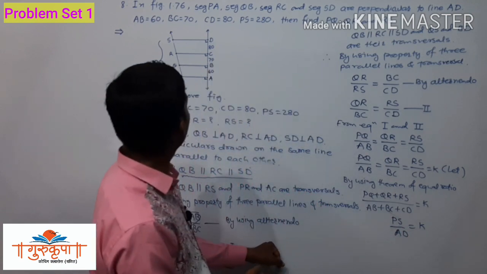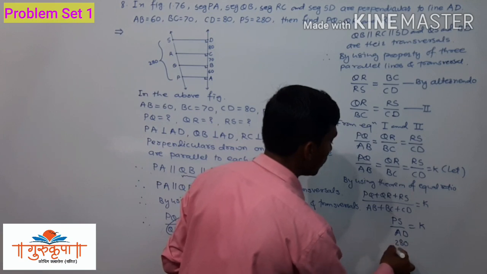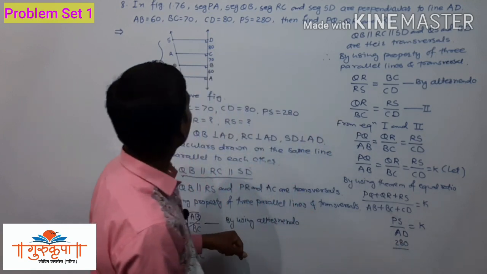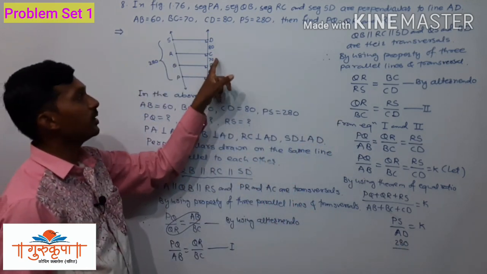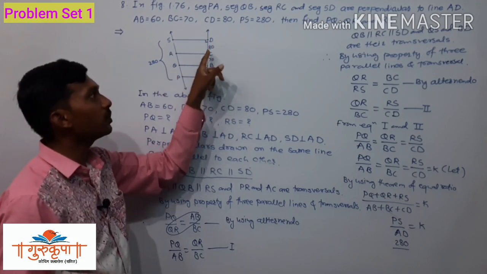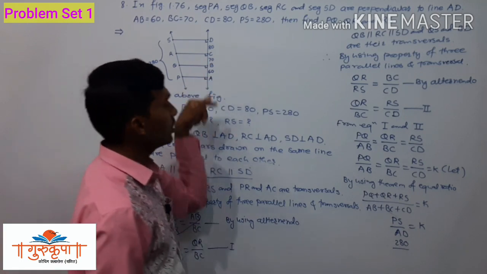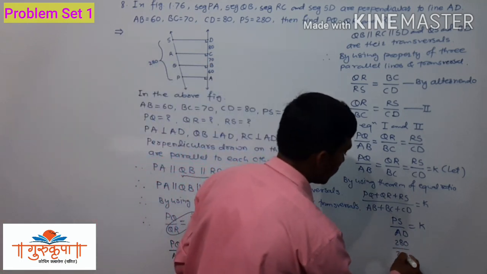PS is given 280 upon AD. AD we can find: 60 plus 70 plus 80, that is 8 plus 7, 15, 15 plus 6, 21, and this 0 remains as it is, that is 210.